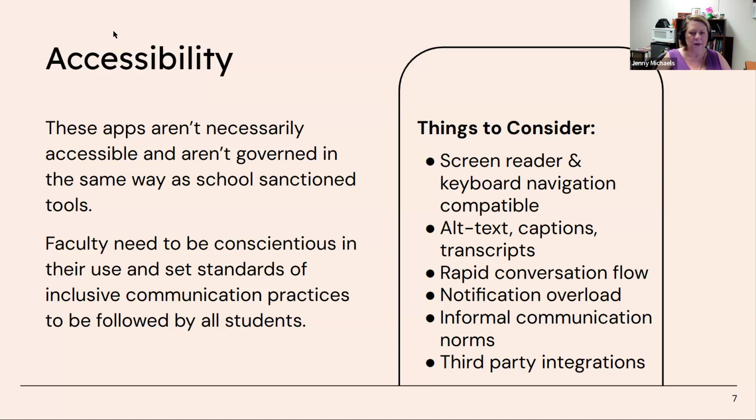Like I mentioned just a minute ago, there are informal communication norms, and I think there's a place for that. We want to be accessible people, but you have to figure out what level of respect you're comfortable with. And if you're using any kind of third-party integration with it, that's also something you need to be aware of.